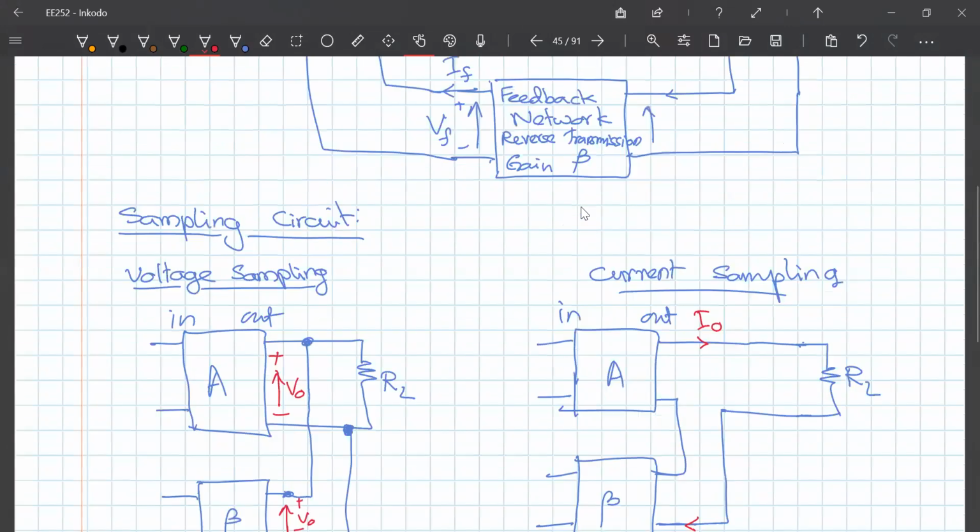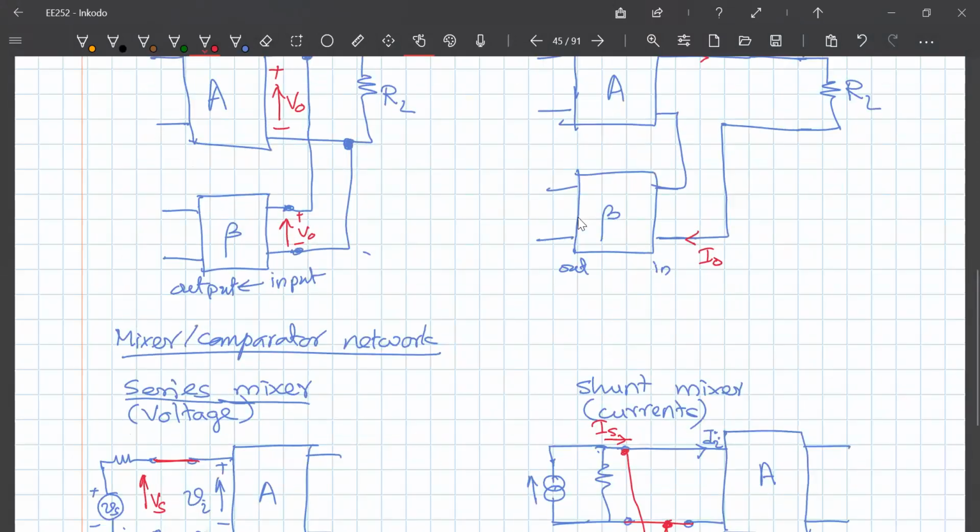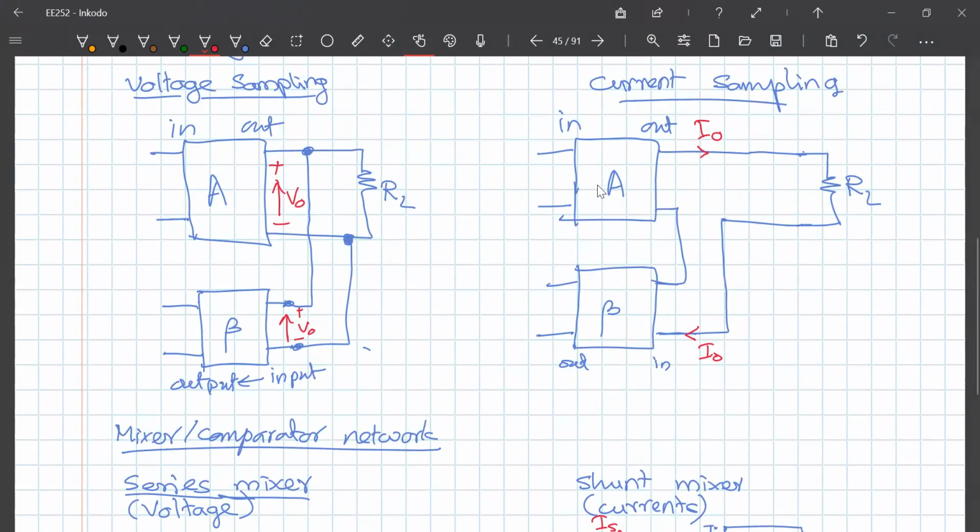So that we know what's inside this box and this box. Okay, that is basically what you have here. That's the sampling network box here. That's the sampling box here.